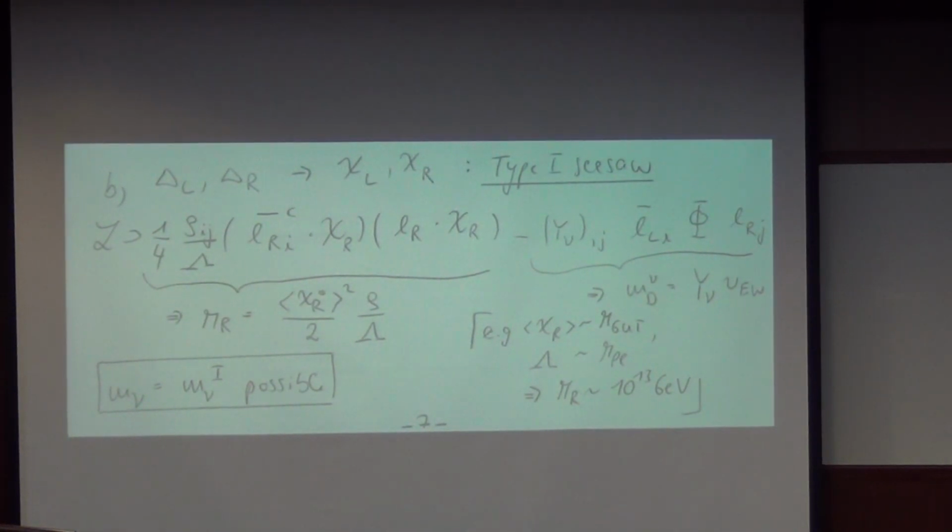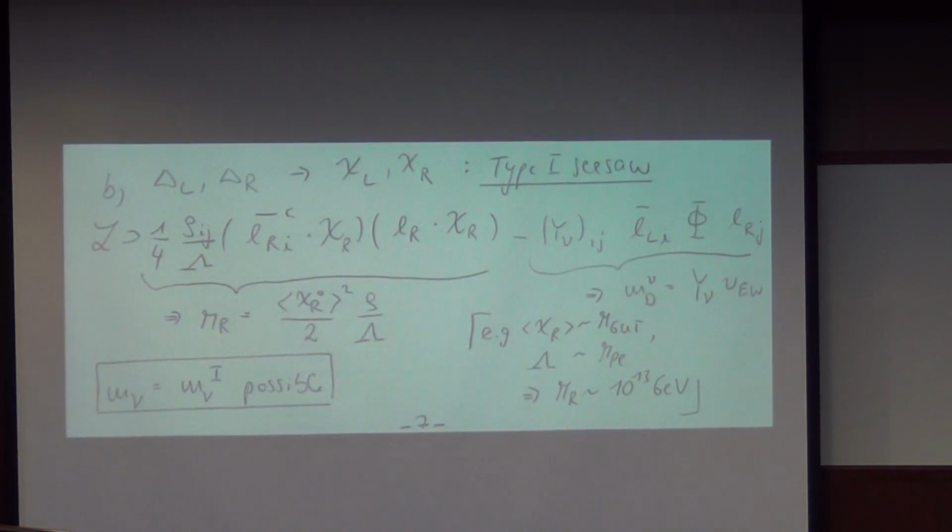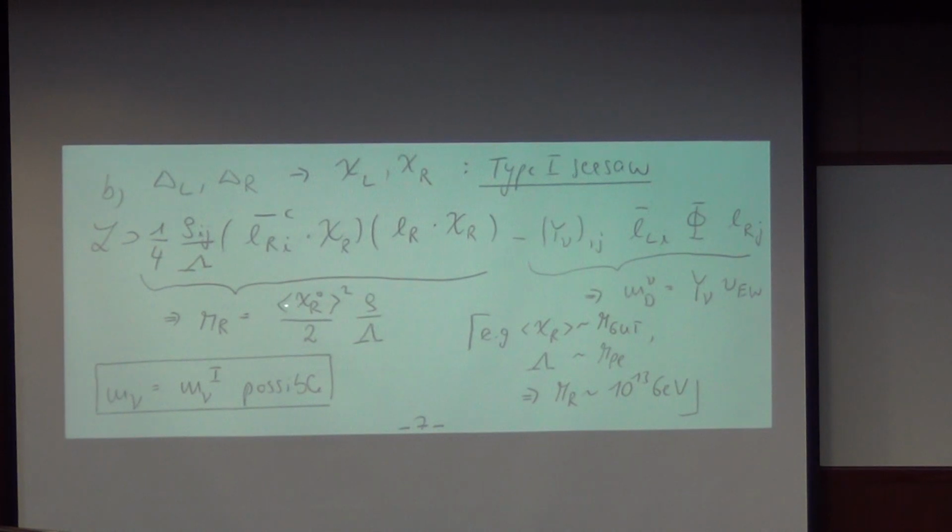It's of the breaking scale of the minimal left-right model down to the standard model, or it can be very large. And so you get here masses for the right-handed neutrinos of the scale of v_R squared over Lambda, where now Lambda is something different actually from what it was here. It's now the scale where you have to embed your minimal left-right model in something even more complete. So this may be the Planck scale, for example, and some complete theory which also includes gravity.